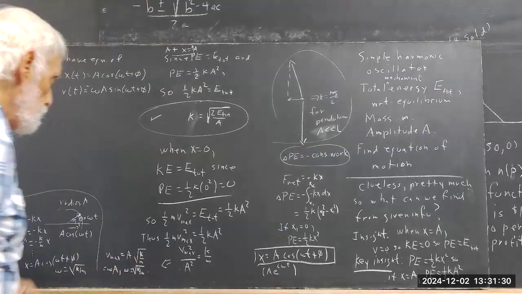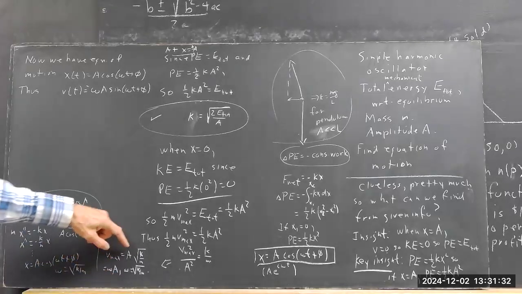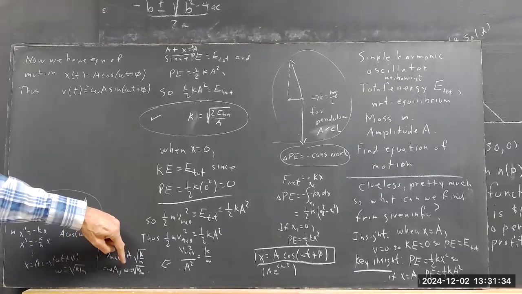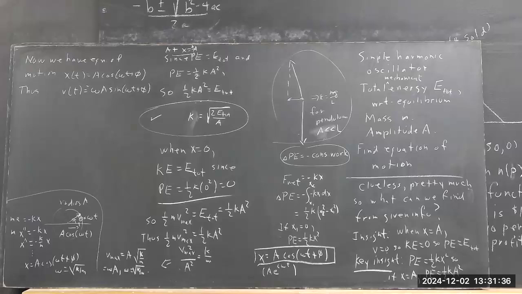I just said that this is omega A, where omega is the square root of k over m.